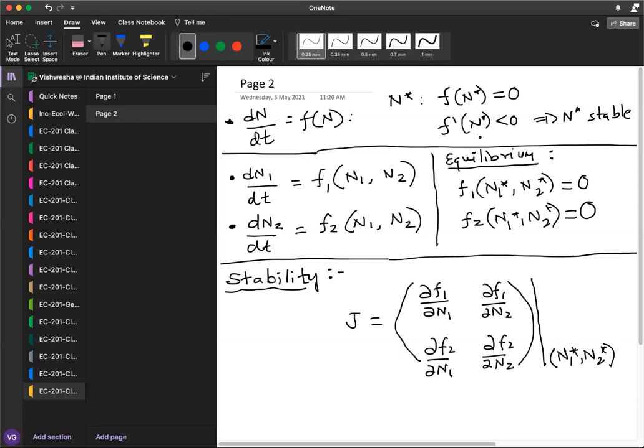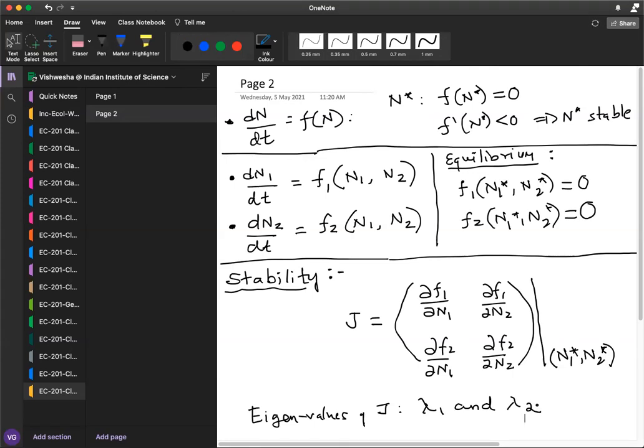So earlier we were calculating the derivative of one function at the equilibrium value. We now calculate the Jacobian matrix at the equilibrium. Having done that, what you now need to do is find the eigenvalues. Let us denote them by λ1 and λ2.